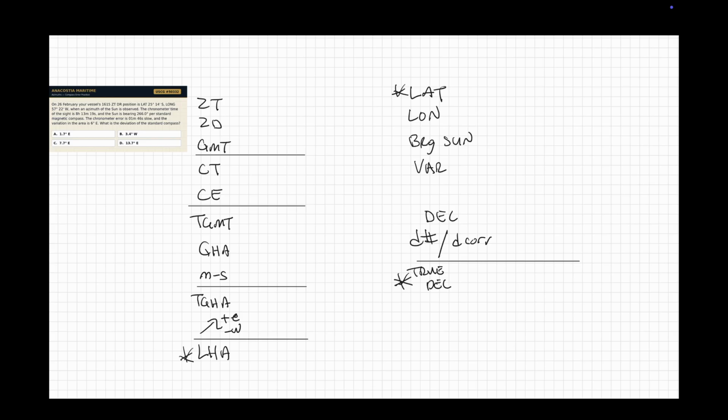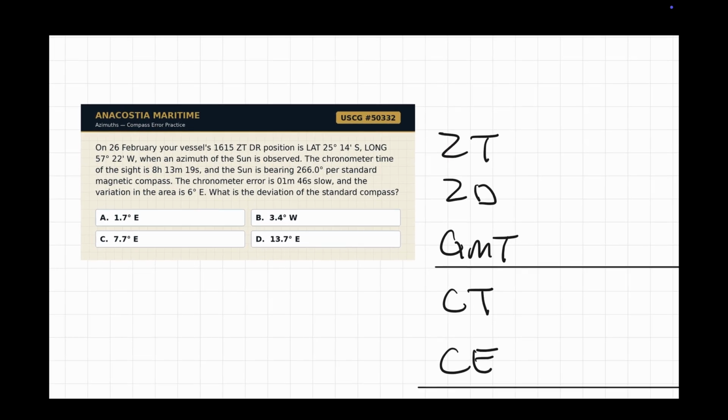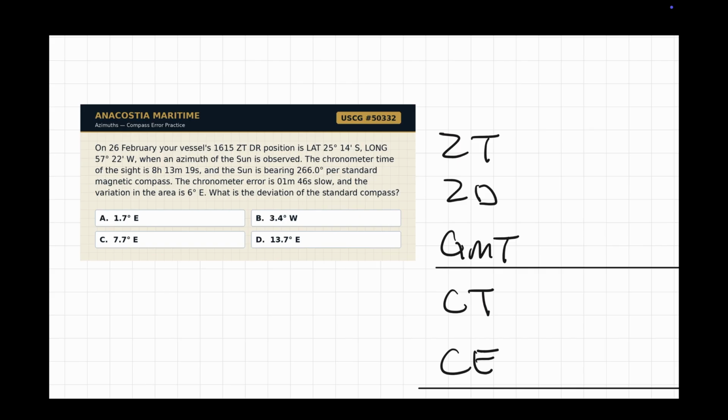So in this instance, what we have given to us, we have the date, we have the zone time, we have the DR position, lat and long.